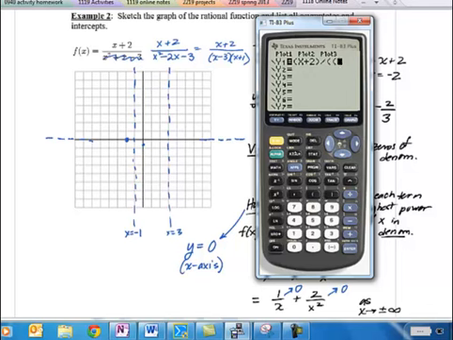So I would enter x minus 3 times x plus 1 and put a set of parentheses around both factors like that.